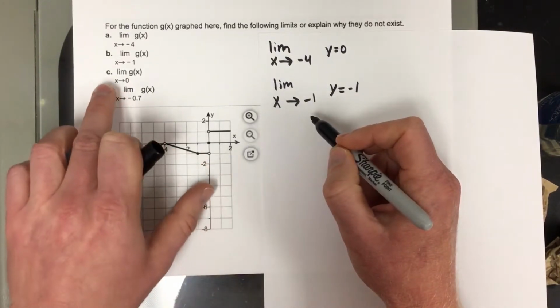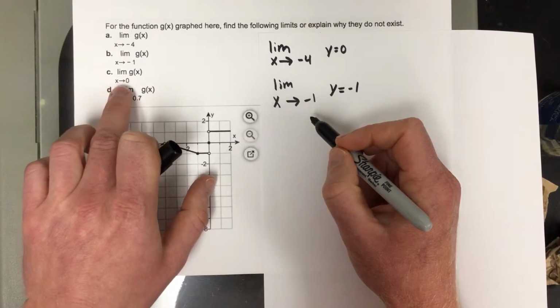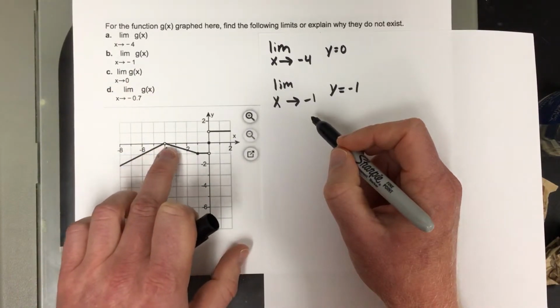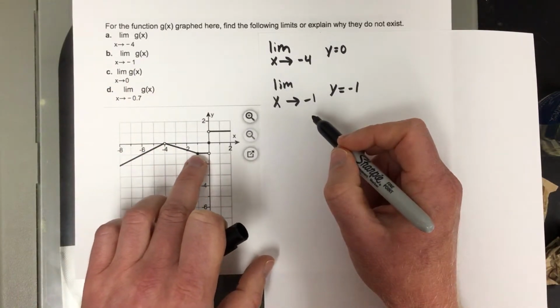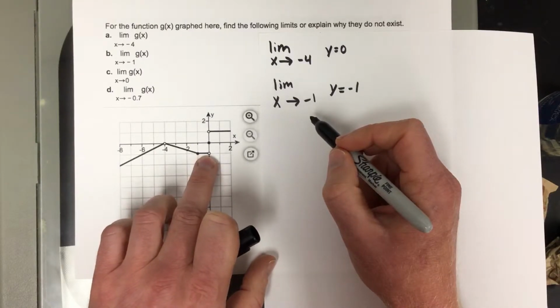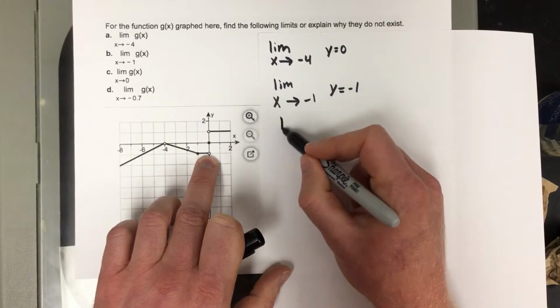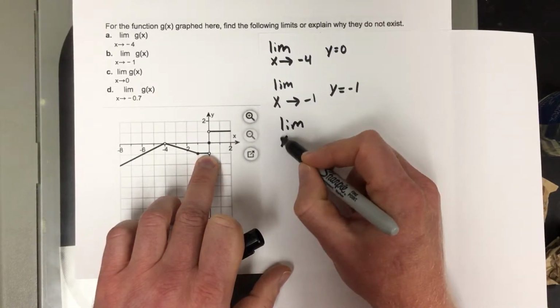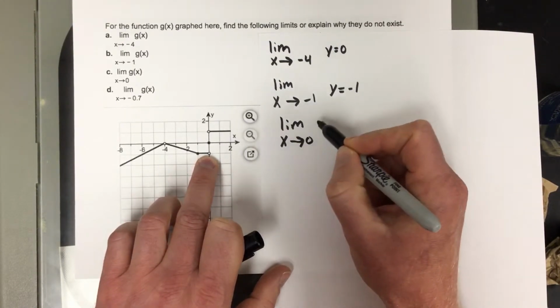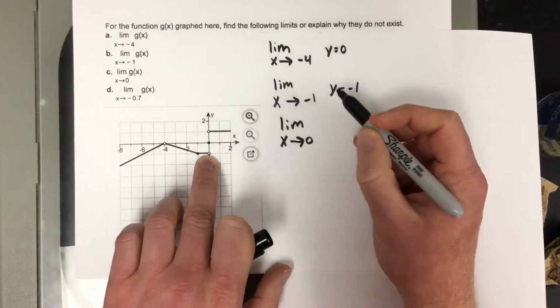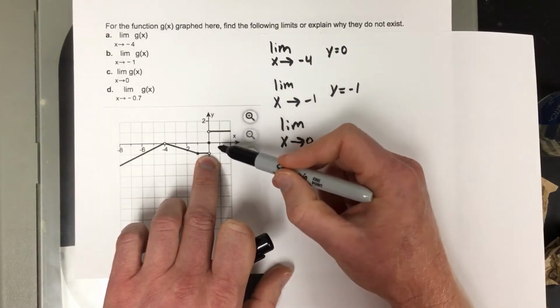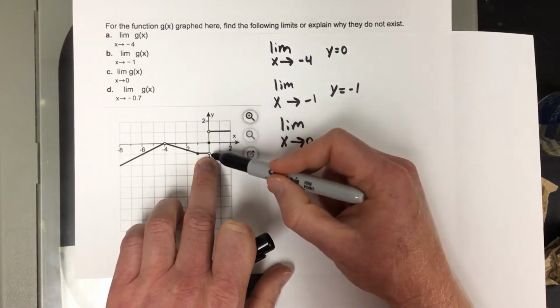And then as you follow along, it asks, what's the limit as x approaches 0? As we approach 0, we get to this point right here, and you're tempted to say that the limit as x approaches 0 would be y equals -1.